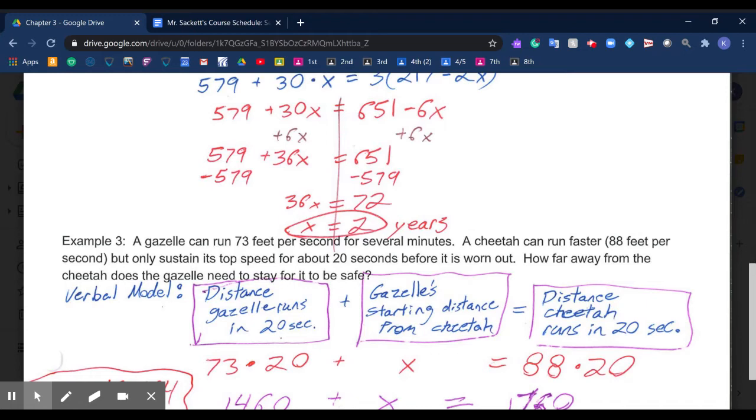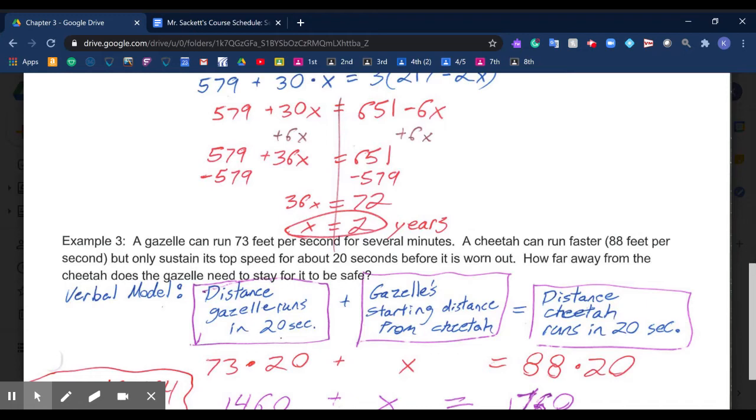So the gazelle can run the 73 feet per second for several minutes, but the cheetah can run at 88 feet per second, but only for about a 20-second burst. How far away from the cheetah does the gazelle need to stay for it to be safe? So what would be the safe distance for the gazelle to start away from the cheetah so that that cheetah cannot close down that space within that 20 seconds of both animals running?